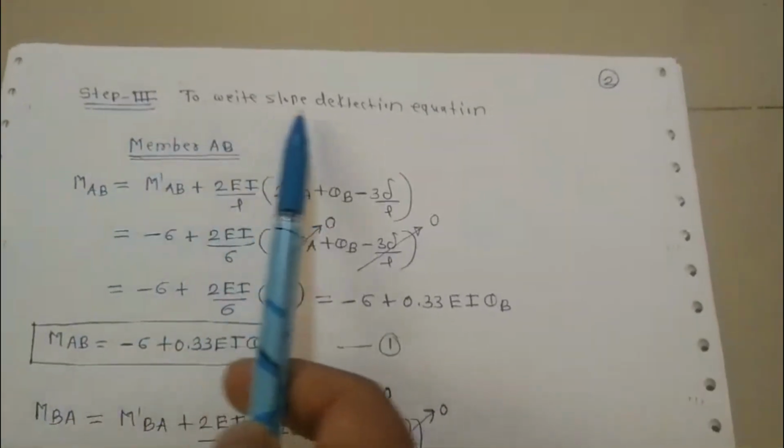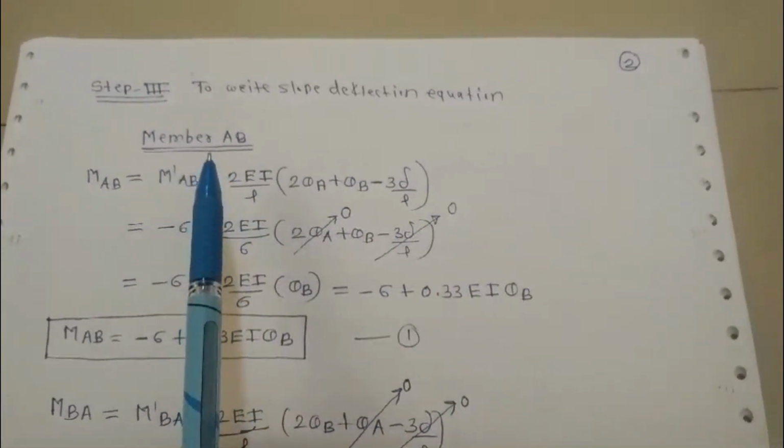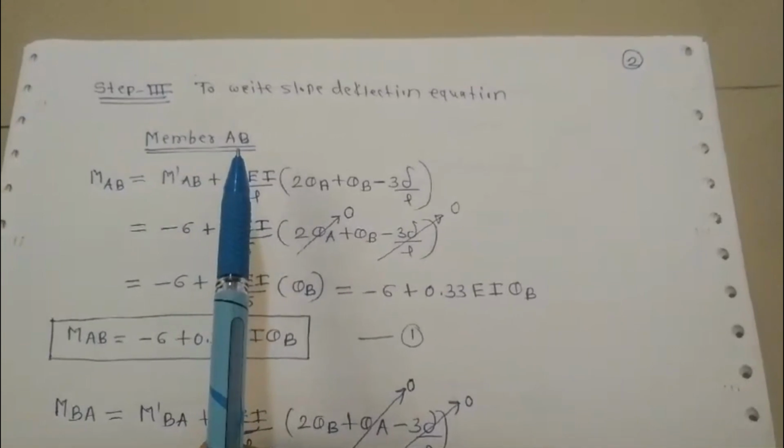Now step number 3 is to write the slope deflection equation. For the individual spans, that is for AB as well as for BC, we have to write the slope deflection equation.